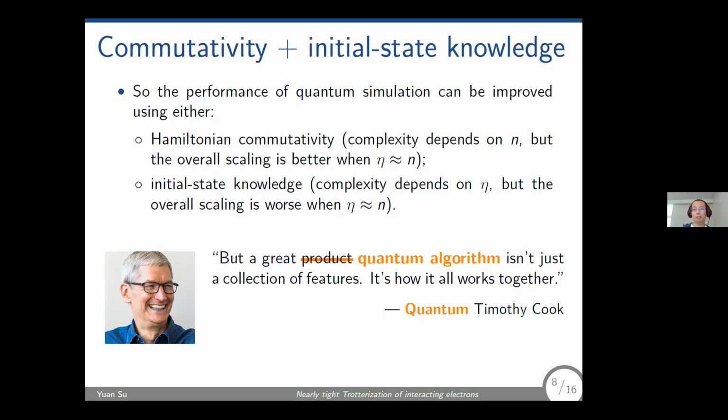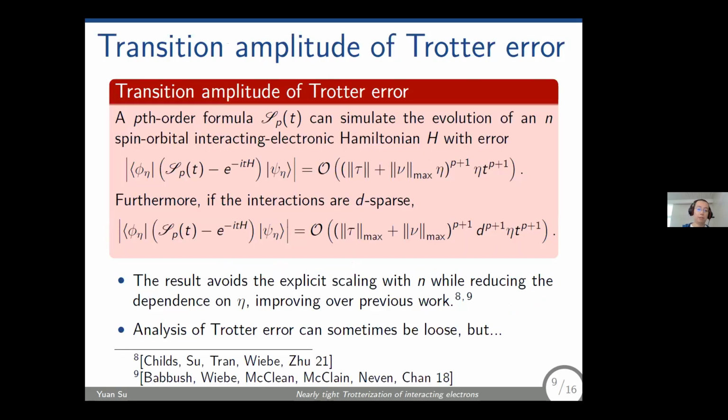Well, we prove the following result: a careful analysis of the transition amplitude of trotterization error. Let's say we are using a piece order trotterization, and we want to simulate interacting electrons. Then my claim is that the error of the simulation, as quantified by the transition amplitude, will depend on this quantity.